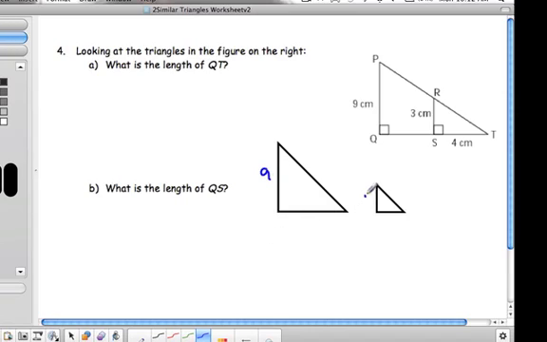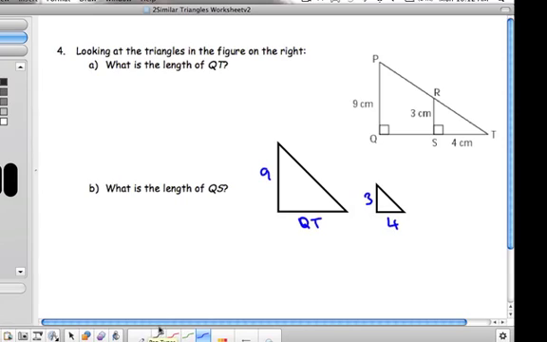And on this one it's 3. The smaller one it's 4. And the larger one, that's what we're trying to find out. This is side QT. And that's what we're trying to determine here. So the 9 corresponds to the 3, and side QT corresponds to the 4. And since this is opposite side P, we could also call it small p.